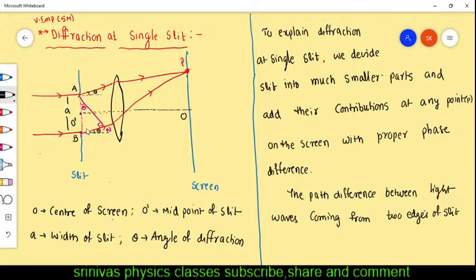For the path difference we have to go to the triangle. Take triangle ABN. From triangle ABN we can find sin theta. Sin theta is opposite side by hypotenuse. You see the triangle ABN, it's a right angle triangle. Opposite to theta is BN, so sin theta is BN by AB.